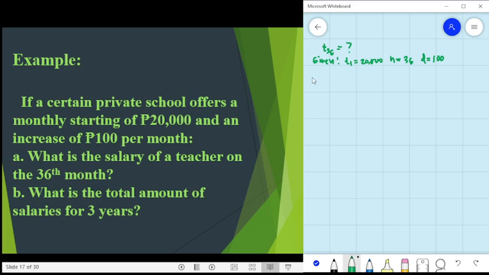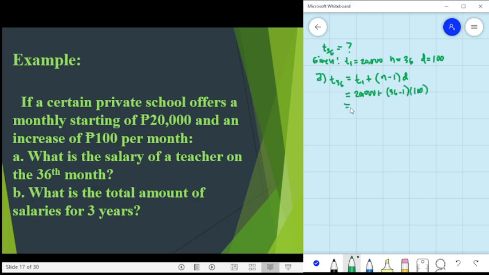So to find it, we are going to use the formula T sub 36 is equal to T sub 1, or the first term, plus quantity n minus 1 times the common difference d. So our first term is 20,000 plus 36 for n minus 1 times 100.